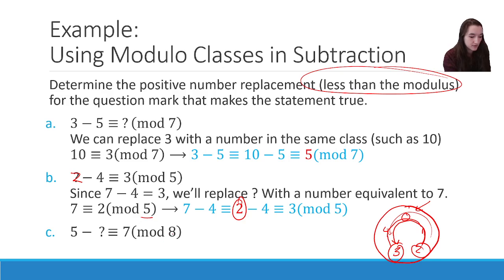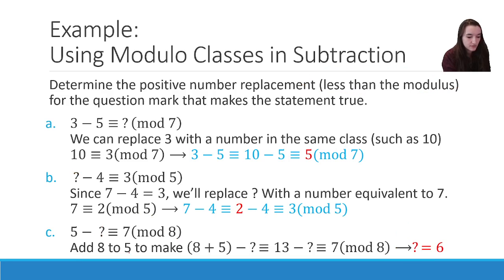If I bump it up a congruence class, that means I'm adding 8. So 5 plus 8 is 13. Now 13 minus what is 7? The 13 and 5 are in the same class, just up a level. When I divide by 8, I get 5 as the remainder for both. So 13 minus what is 7? Well, that would be 6.